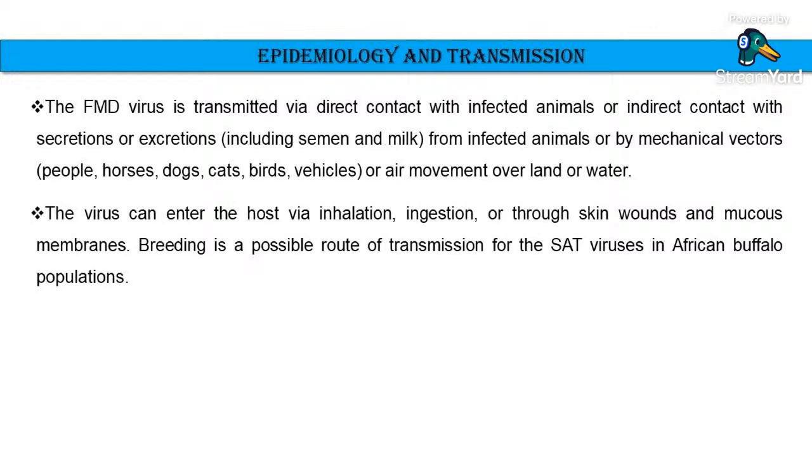The virus enters the host animal through inhalation, ingestion, or skin wounds and the mucous membranes. But the important point is that the serotype South African Territories virus is also venereal in African buffalo populations; through the venereal route, it also gets transmitted.